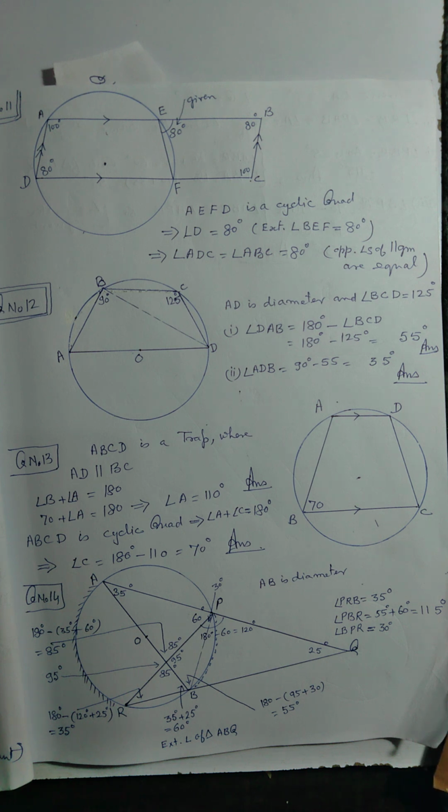In figure, given a cyclic trapezium ABCD, in which AD is parallel to BC and angle B is 70 degree. Find BAD and BCD.